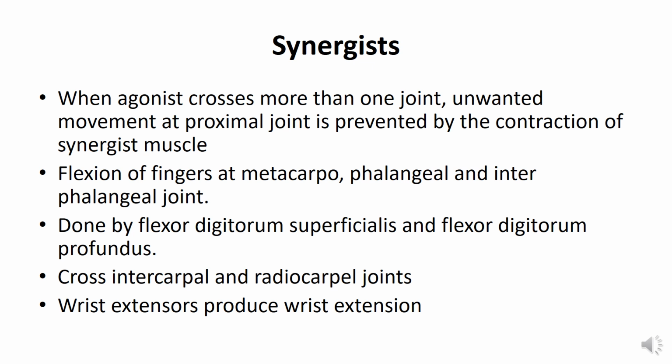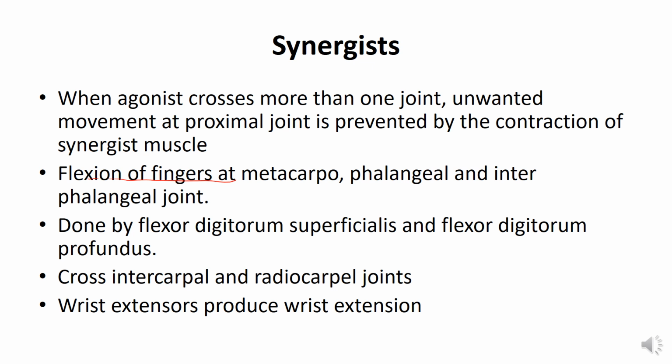Now, an example can be given by the muscles which produce flexion of the fingers at the interphalangeal and metacarpophalangeal joints. This is done by Flexor Digitorum Superficialis and Flexor Digitorum Profundus.